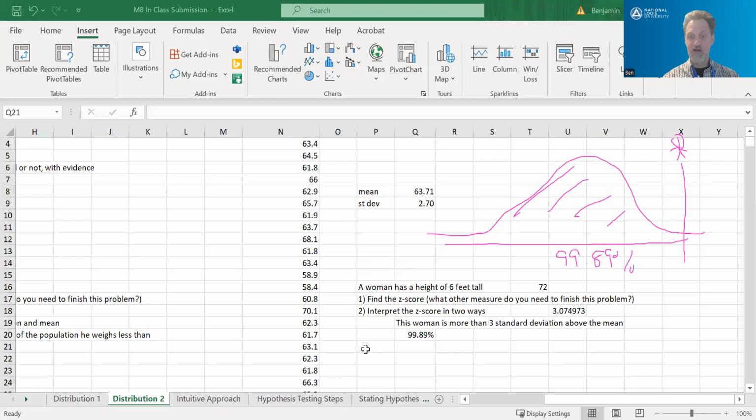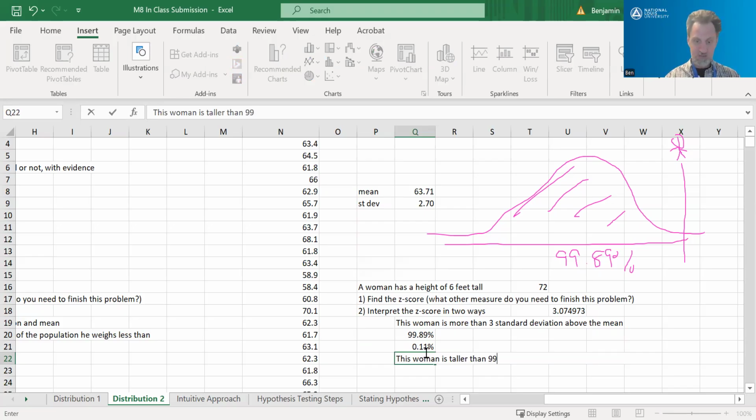And if I turn that around, I can make the other side of it equals 1 minus, and that's that. So there's 2 different statements. It depends on which one you want to be making, but this woman is taller than 99.89% of the population.